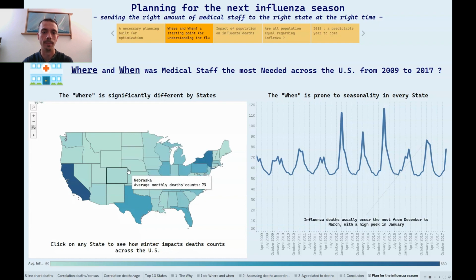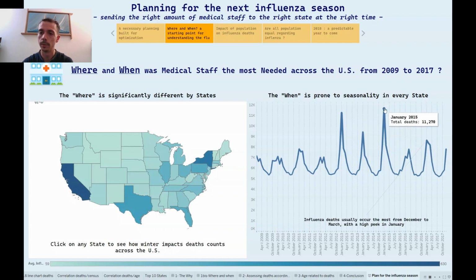Here on the map on the left, the darker the blue, the more deaths there are. Clearly shown here in California, New York, Texas, Florida. And on the line chart on the right, you may see now the seasons of all of the deaths from 2009 to 2017.